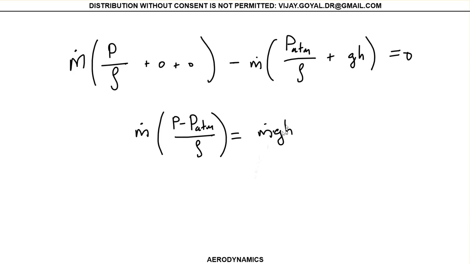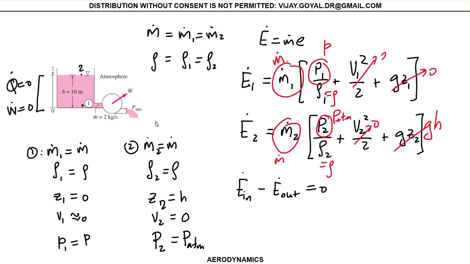Okay, so I know all these quantities because I know what my g is, I know what my h is, I know those values because they are known. If you look at the problem, it's giving me what m dot is. This is all my m dot before it shows up here. The mass flow has to be the same.